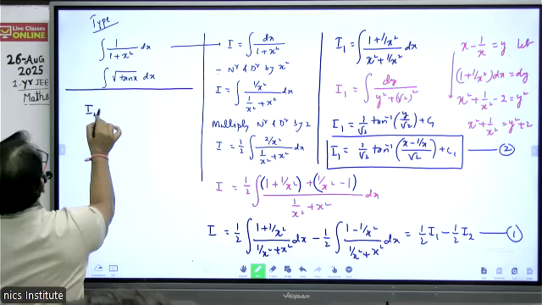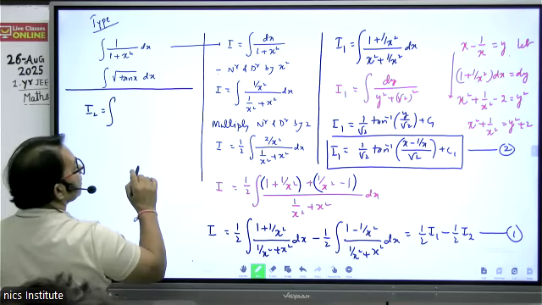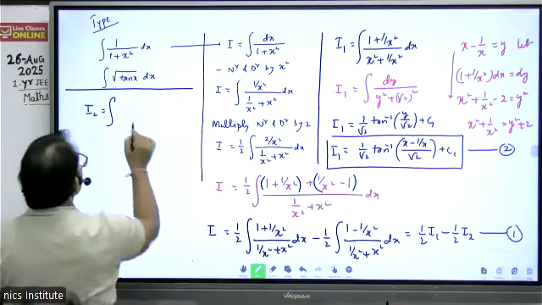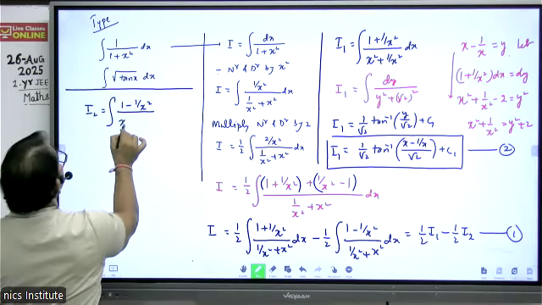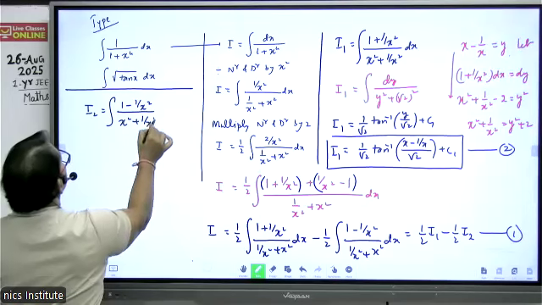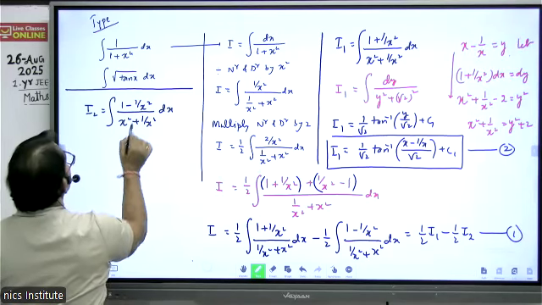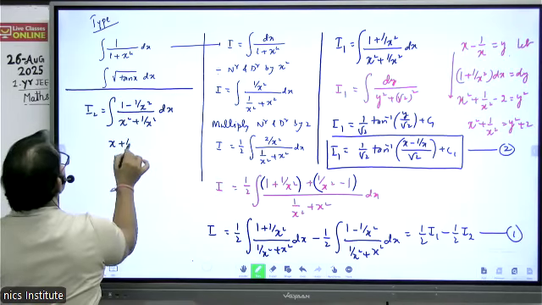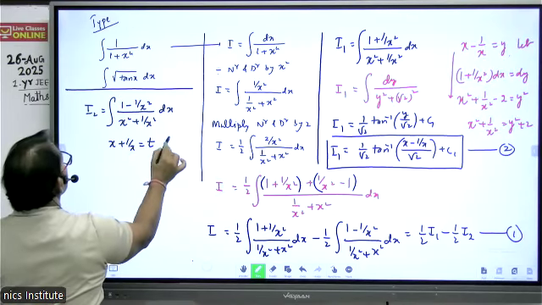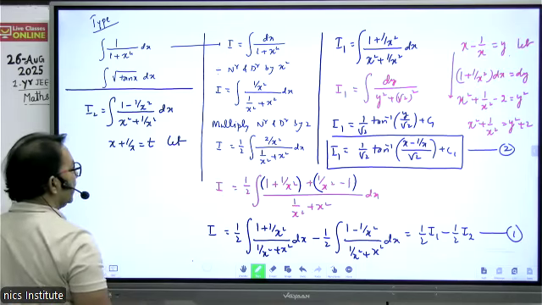For I2, just ask yourself whose function's derivative is 1 minus 1 by x square. So in I2 we have numerator 1 minus 1 by x square. So it is derivative of x plus 1 by x. Let it be equal to t.